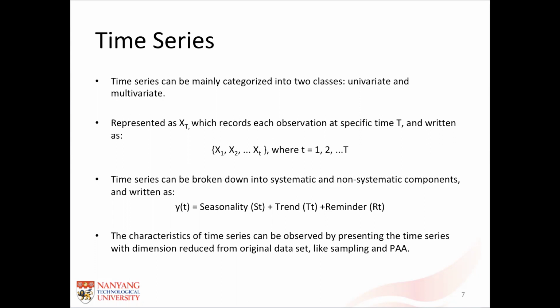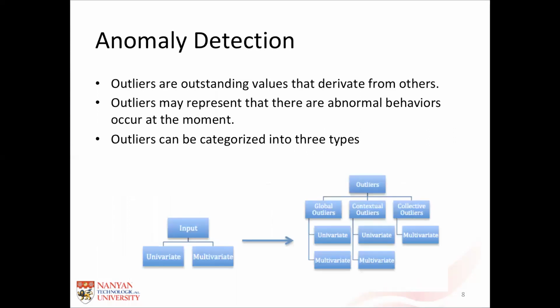We can decompose the time series into seasonality, trend, and remainder, where the remainder is basically the noise. The characteristics of the time series can be retrieved by reducing the dimension of the original signals, like resampling the original signals and applying PAA.